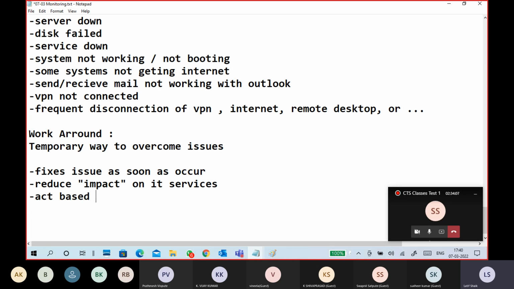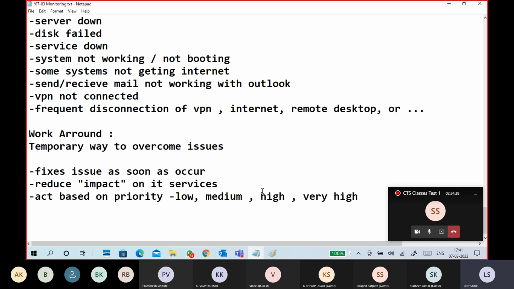Act based on priority. Some issues are very high priority, some are low priority. Check your spelling. High, very high priority.